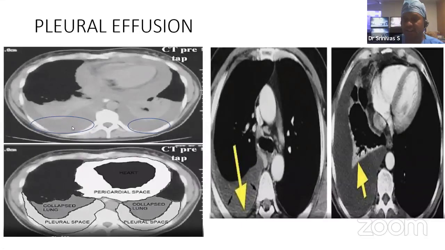When the CT scan is done, the rays can penetrate more easily through the water than through the lung. So the water appears a bit darker than the lung. So here you can see that the lung can be differentiated from the pleural space, which is filled with the pleural effusion.